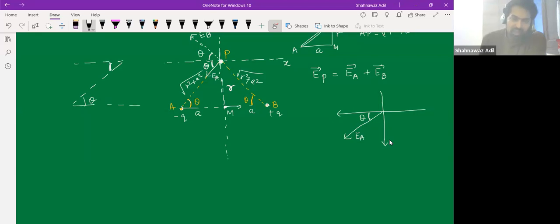Yes, sir. And I have told you guys that this part is very, very, very important, resolution of vectors. So what would be this part? Magnitude is EA. What would be this part? The angle one is always the cos theta part.